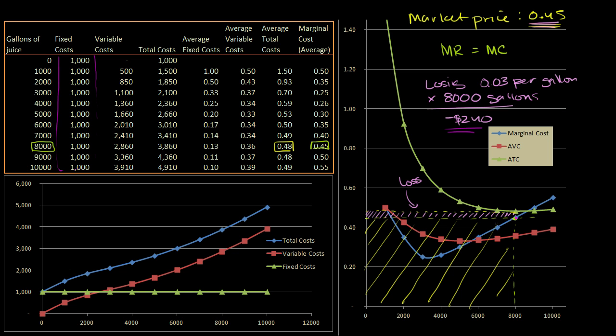That 8,001st unit, the marginal cost is going to be higher than the marginal revenue that you're bringing in on that unit. So you're going to start having a lower profit than even the negative $240 loss. It'll start going to negative 240 something, negative 250, and so forth. So you still don't want to produce beyond that point.